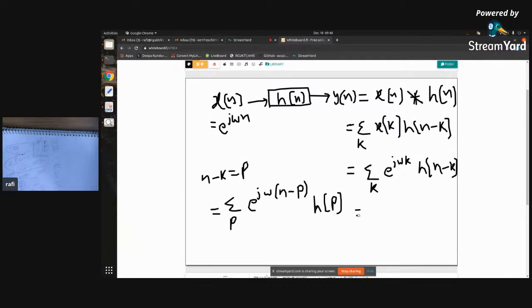This exponential is divided into two factors: one is e power j omega n, and another is e power minus j omega p. The multiplication between these two is this. So e power j omega n is independent of p, and it can come out of this summation.